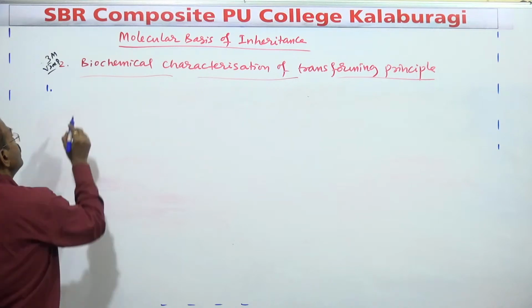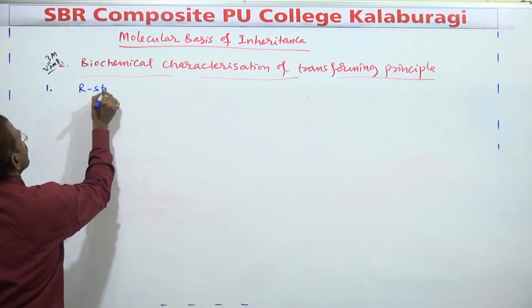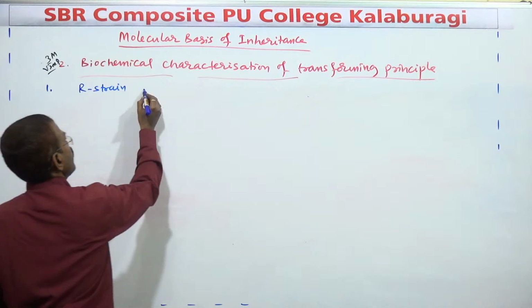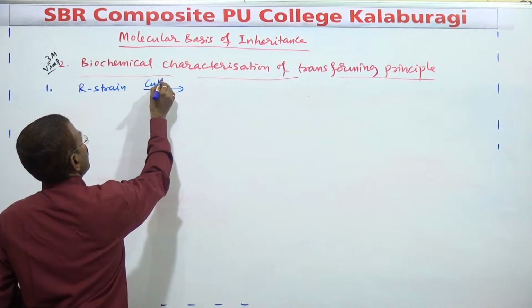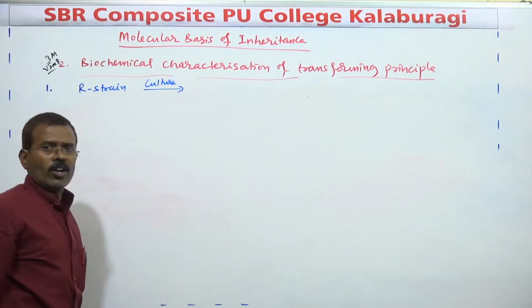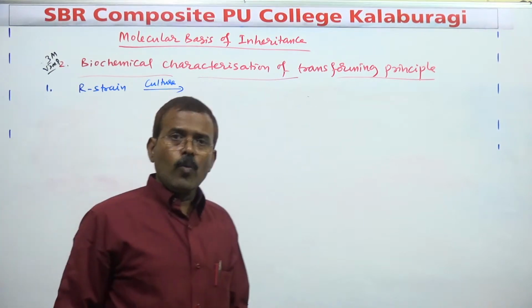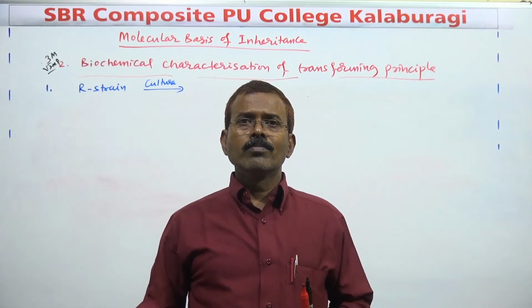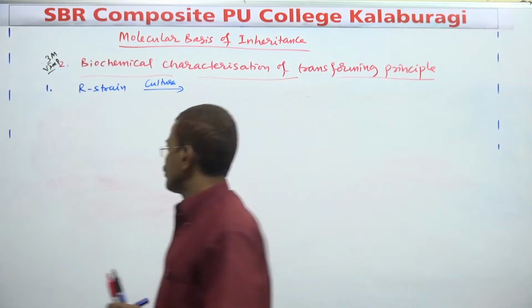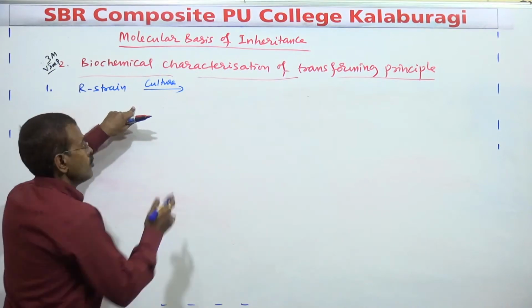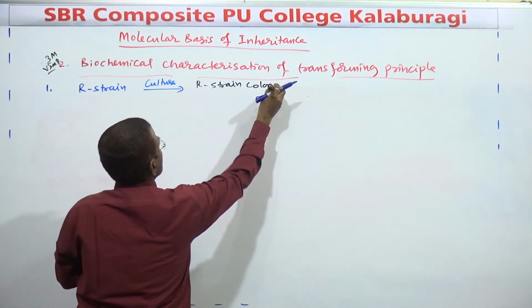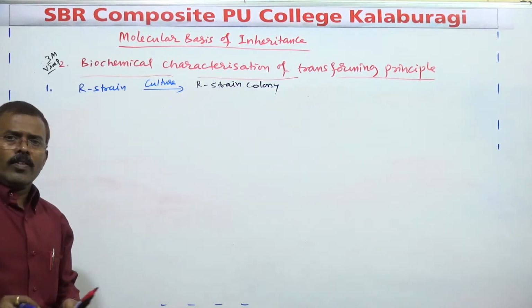First, the rough strain bacteria were cultured on the nutrient medium, and they got a rough strain colony.